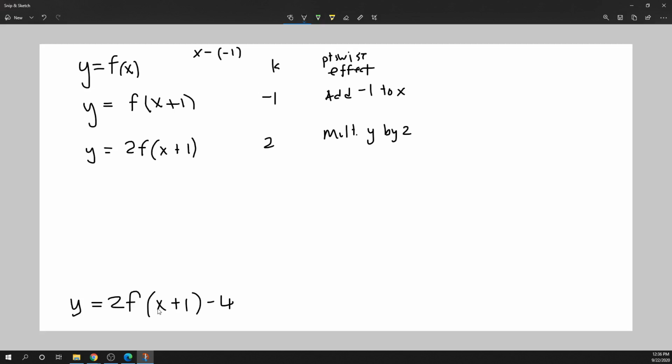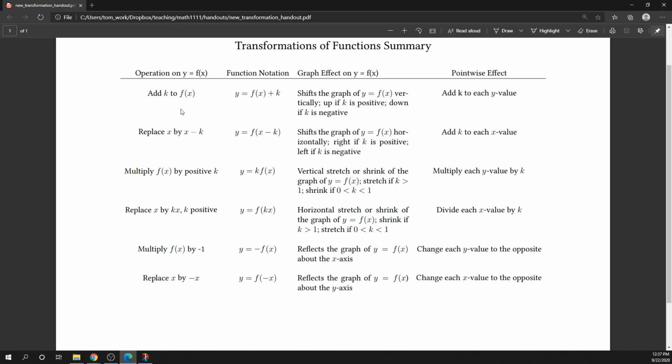You can see we're a little bit closer, and then the next thing we want to do, of the 6 transformations, is subtract or add a number to the entire function. So I'm going to subtract 4 from this entire function. That's this one right here, add k to f of x, where I'm adding a negative 4, which is the same as subtracting 4.